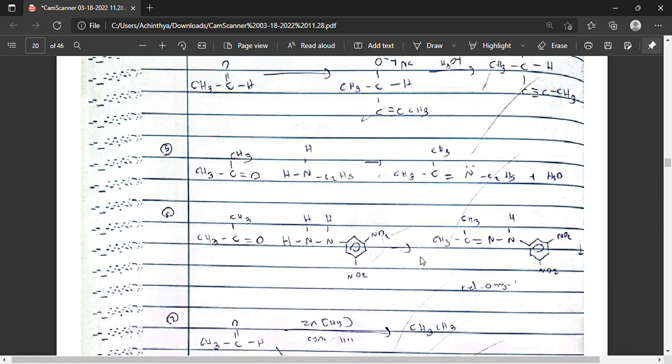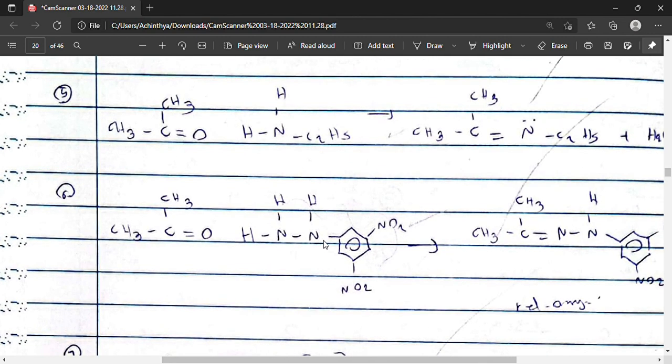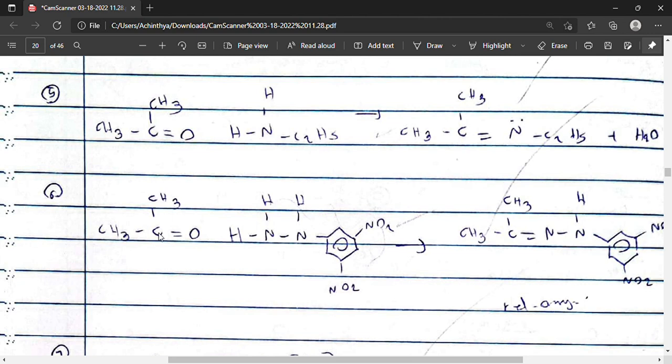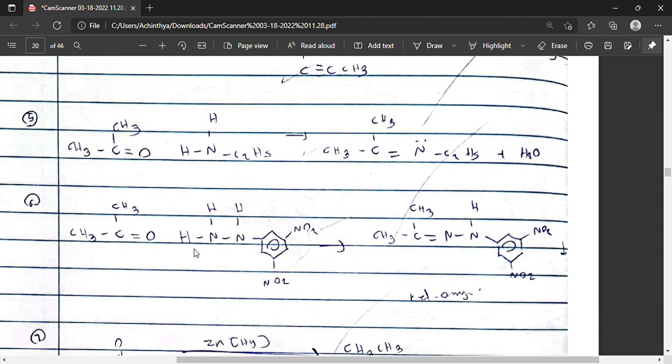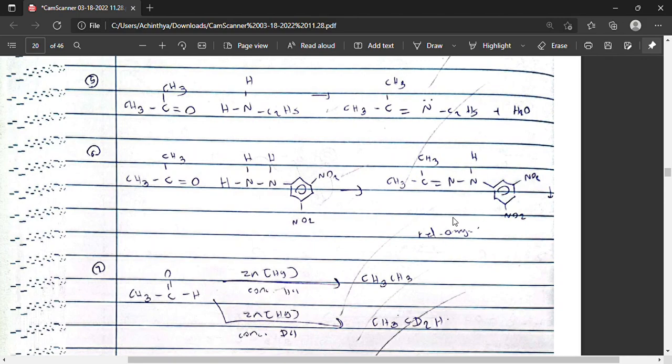Here we have something called Brady's reagent, 2,4-dinitrophenylhydrazine, in which if we were to add this to a carbonyl compound like an aldehyde or ketone, a red-orange precipitate forms, which is this compound over here. This is a test for aldehydes and ketones, by the way.